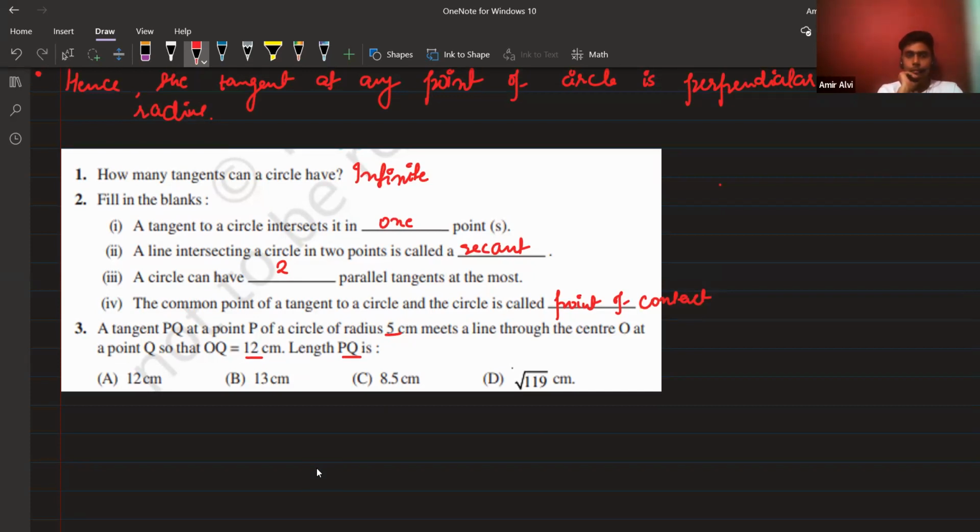Sir, it's root 119. Okay, Hiba said root 119. Adil and Abdullah. Karishma said 13. Sir, this was exercise 10.1, right?